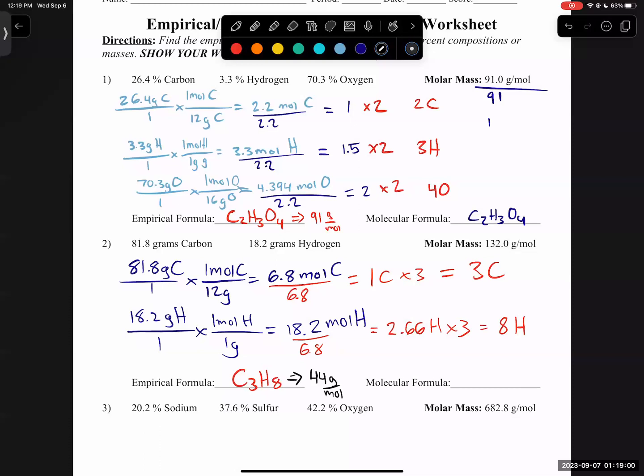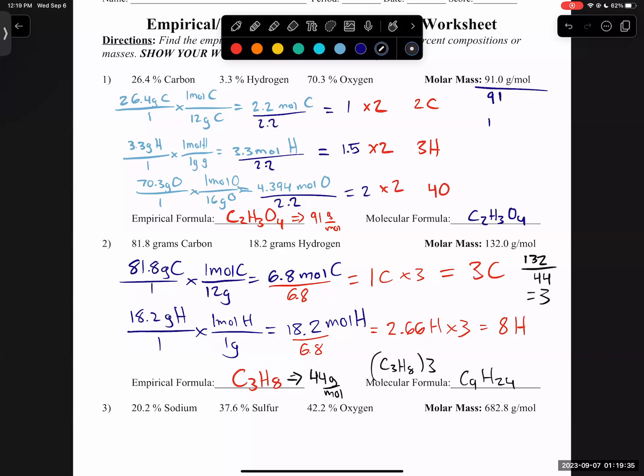So 132 divided by 44 is about 3. Then we multiply the empirical formula by 3 to get the molecular formula. So C3H8 multiplied by 3 gives you C9H24. Any questions on that?